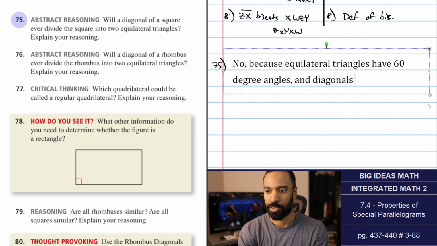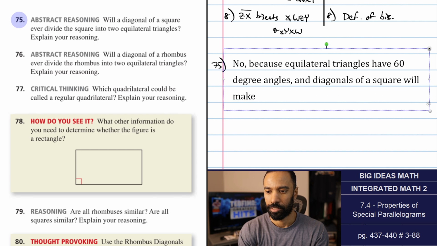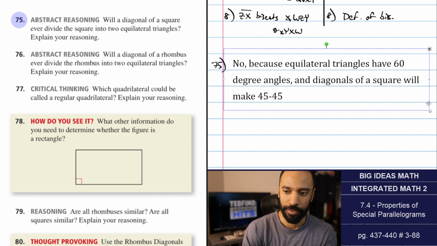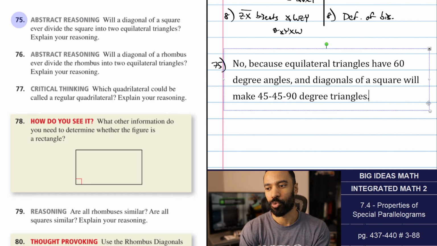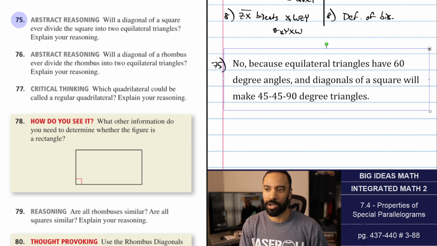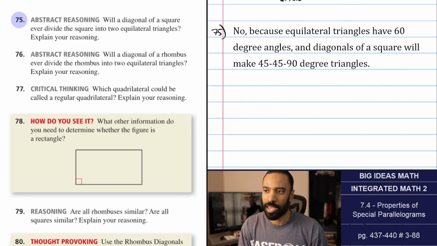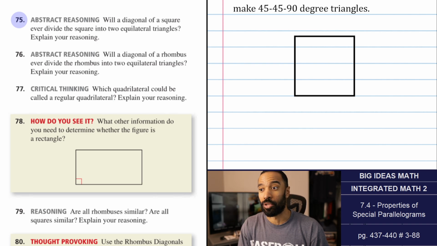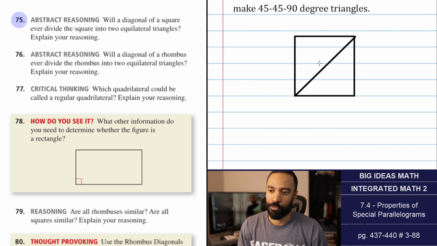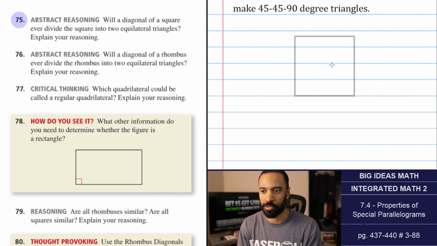And diagonals of a square will make 45, 45, 90-degree triangles in any which way. Whether it's a single diagonal, or even with two of them, this is a 45, 45, 90. You'll never make equilateral triangles out of those.